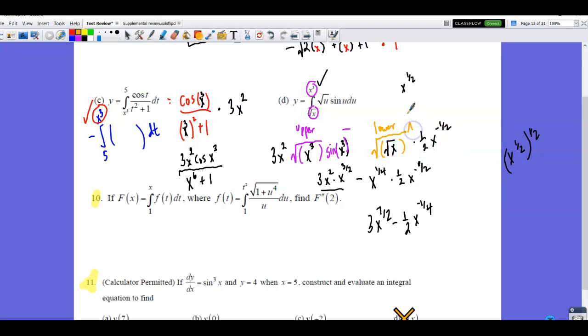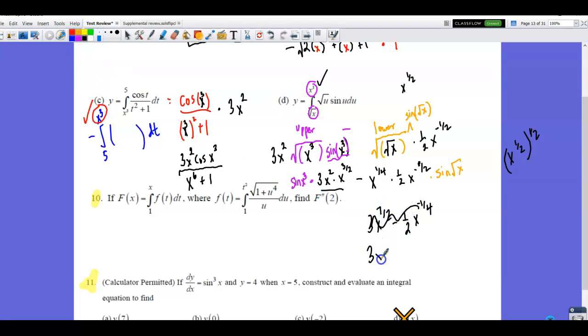So in here, I'll have a sine of square root of x. That's going to transfer. This has to go here, so I have sine of x cubed multiplied. And in the back, I will have sine of square root of x. So let's do a rewrite on the final answer.